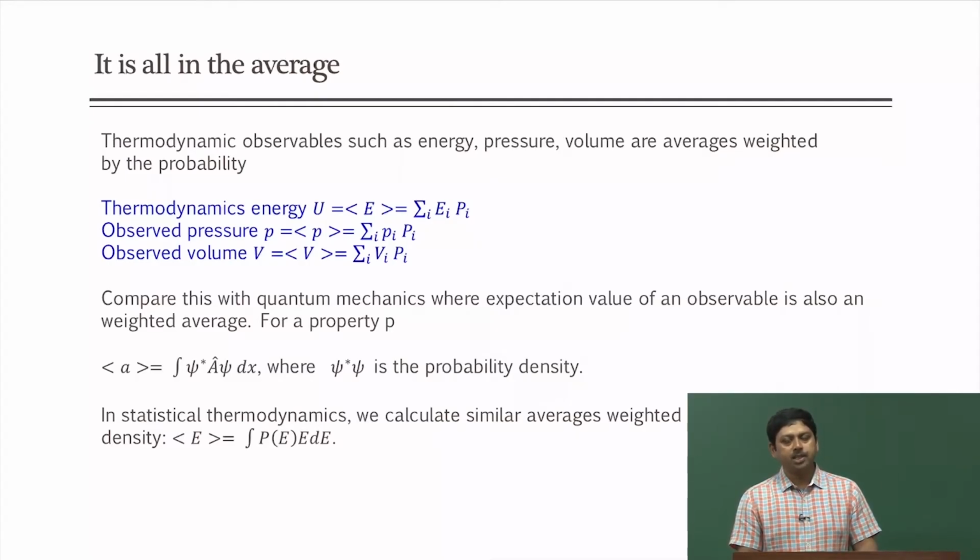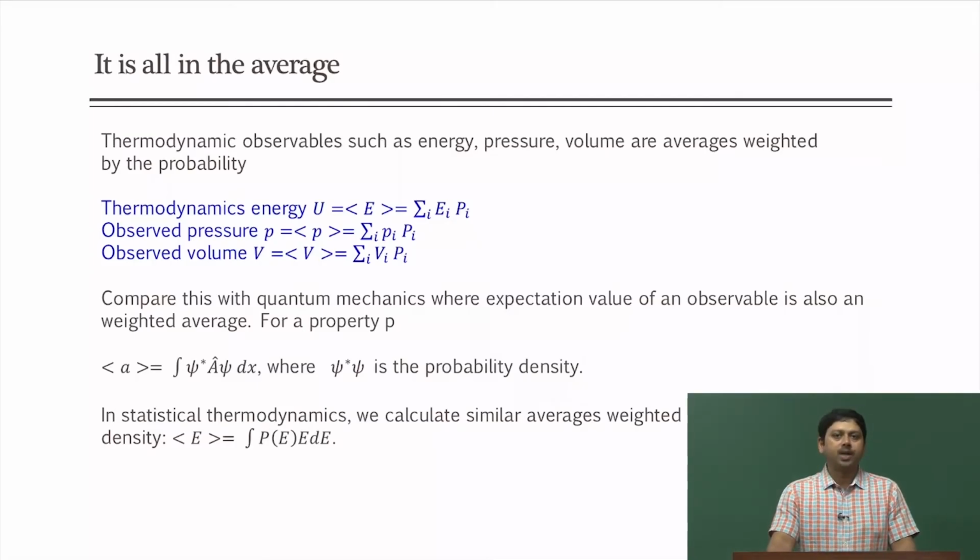For example, I mentioned before that if I calculate the average age of IIT Pune students, I can do that in two different ways. I can sum up the age of all students and divide by the number of students, or I can associate weights to each batch of students.